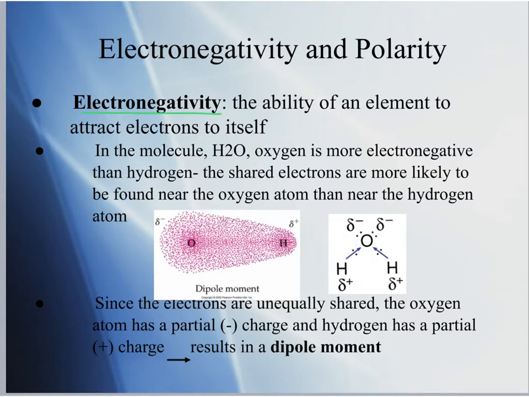Electronegativity is the ability of an atom to attract electrons to itself. Okay, so basically it is the ability of one atom to attract electrons from a different atom to itself. Okay, so if you remember on our periodic tables, the nonmetals have very high electronegativity. They are very good at attracting other atoms' electrons to themselves.